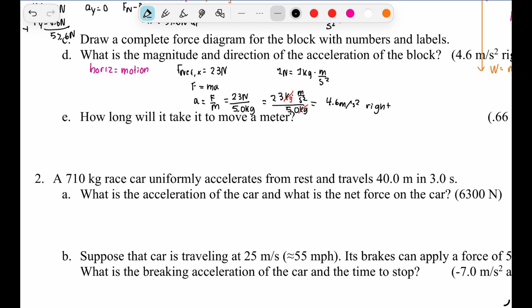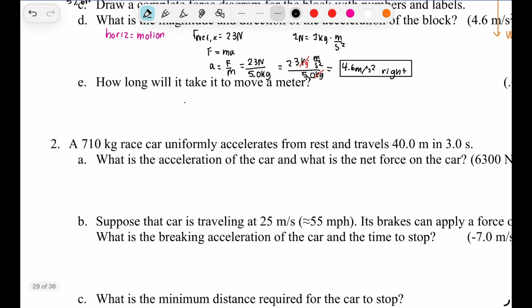How long will it take to move a meter? Using kinematics, we know that x, your displacement, is equal to 1/2 acceleration times your time squared.